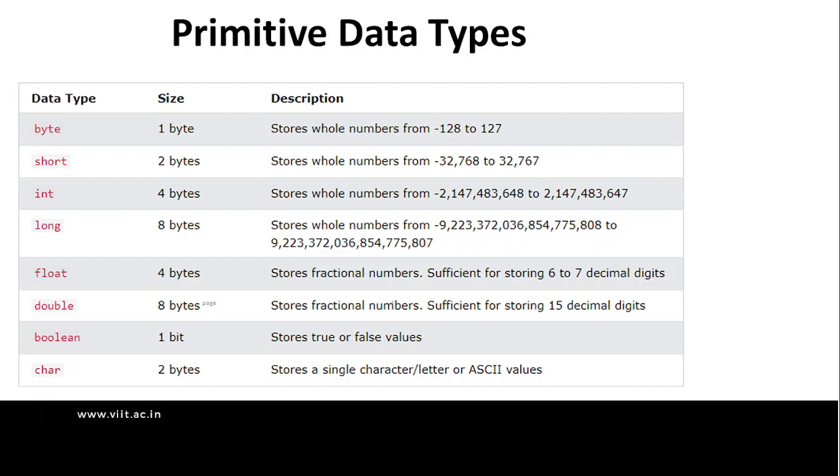The normal practice, which is not a good practice, is that developers declare integer for general purpose, whose range starts from -2147483648 to +2147483647. This is a huge range.